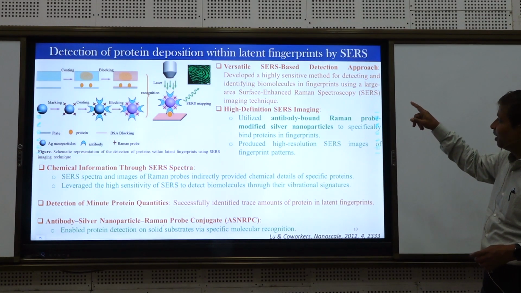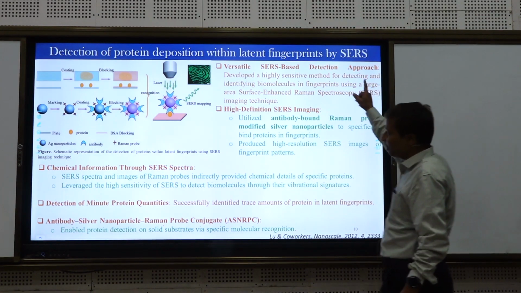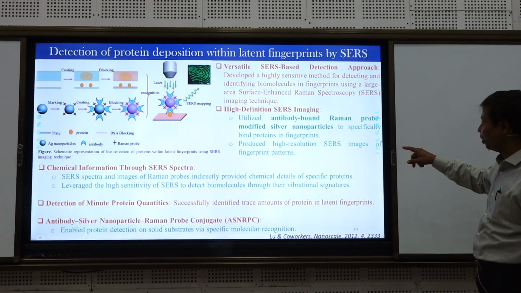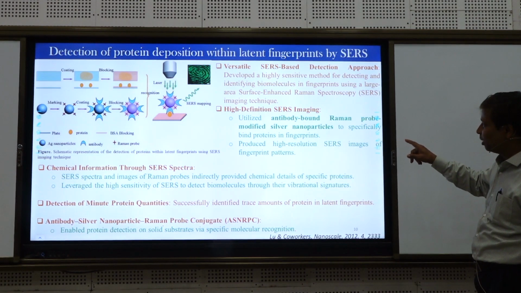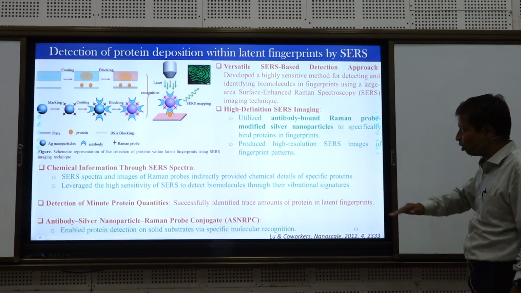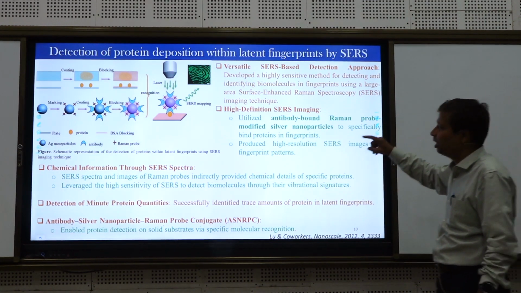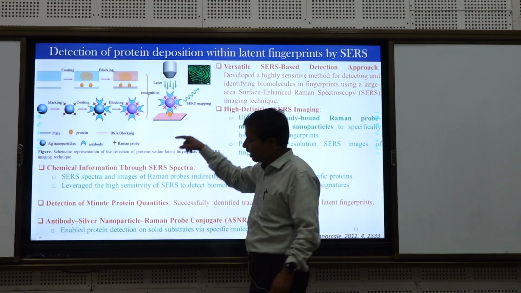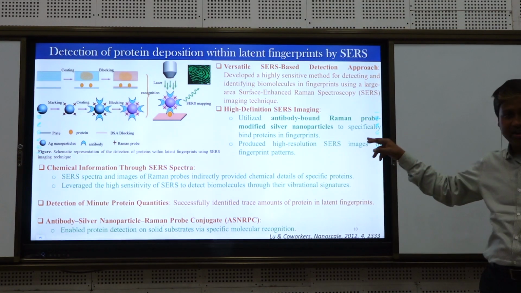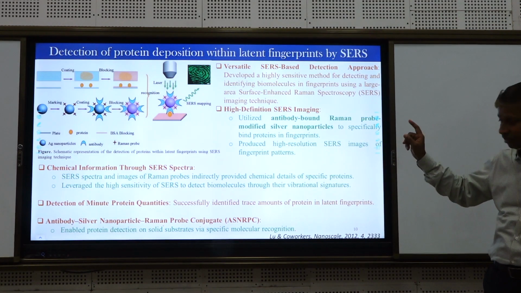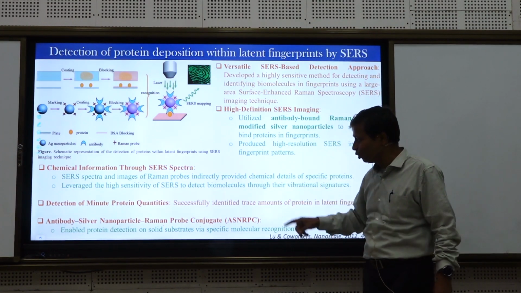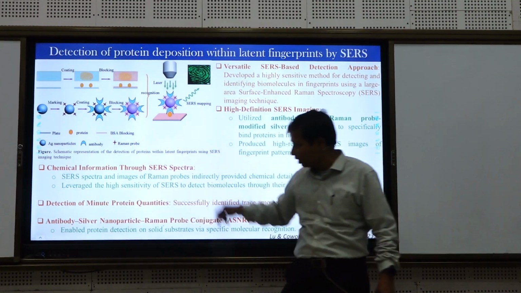This one is again by SERS. In this case they have used an antibody. That antibody will bind with the protein, and that will be sprayed on the surface and then you do the SERS mapping. They found this antibody-based SERS technique is very informative and detects very minimal quantities. Minute protein quantities can be detected with this.